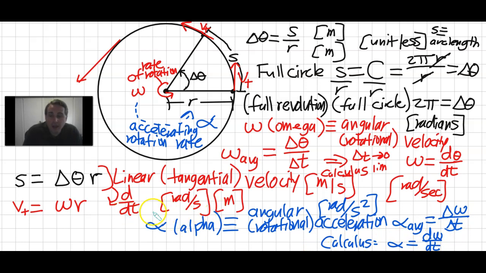Now, one more thing, you may ask, how can you get the tangential acceleration? That would be the acceleration along the tangent edge. You might call this the linear acceleration, a_t. Well, the tangential acceleration, by analogy, should be the time derivative of the linear velocity equation. Assuming constant radius, the angular velocity time derivative should be the angular acceleration.